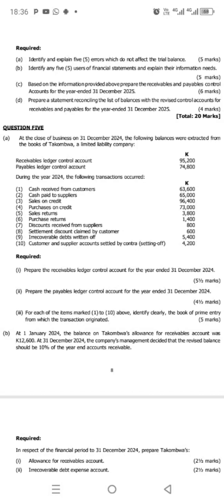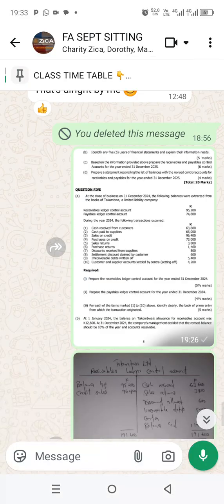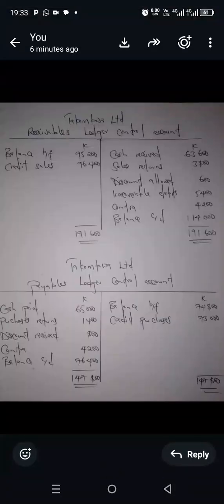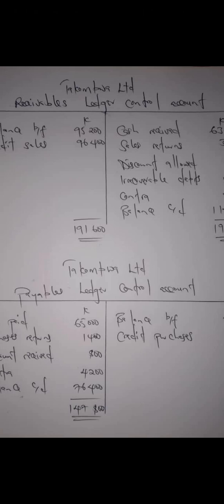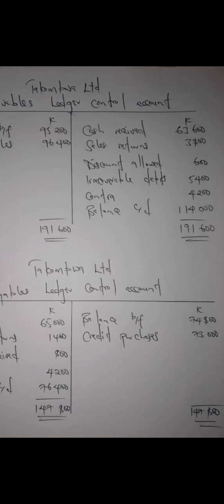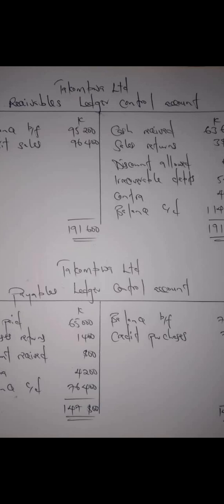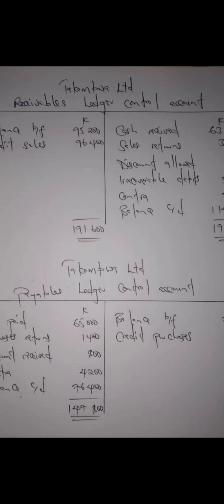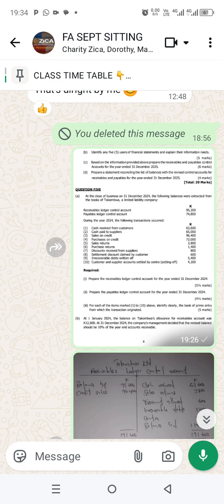That's the reason why we are recording the same balance brought forward. We are going to debit anything that increases this balance, and we are going to credit anything that reduces the same balance.